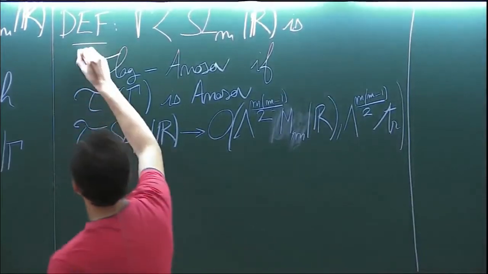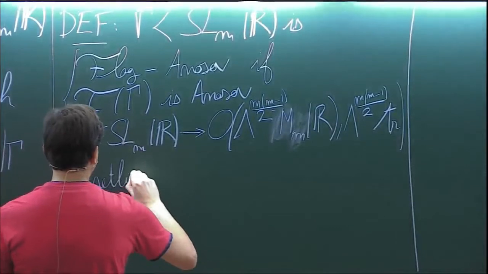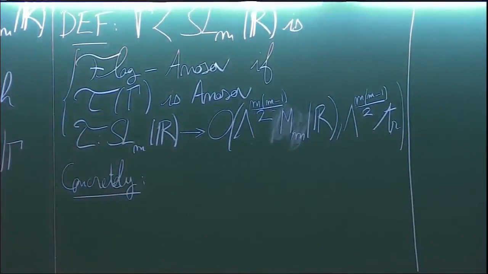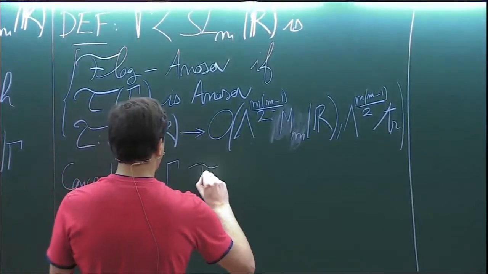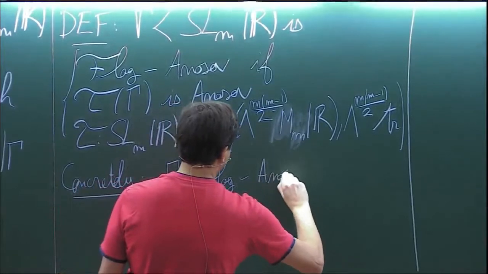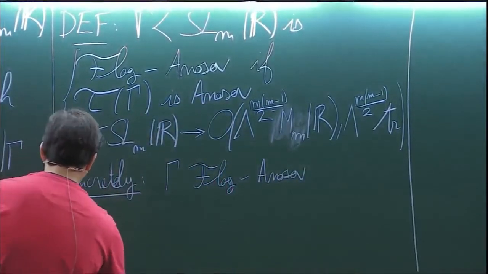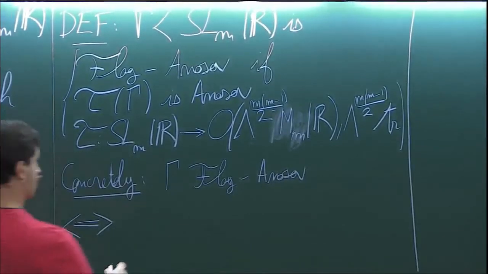Okay, but what does it mean concretely? It means that gamma is flag Anosov. There is one equivalent condition just in terms of the growth of the singular values.